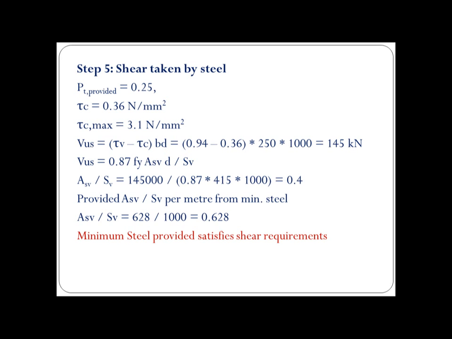From this equation, we calculate Asv upon Sv, which results in 0.4. So required is 0.4. We need to ensure that provided should be greater than this. So provided steel is 628 square mm divided by 1000, so we result in 0.628. So that means the minimum steel provided satisfies the shear requirements.